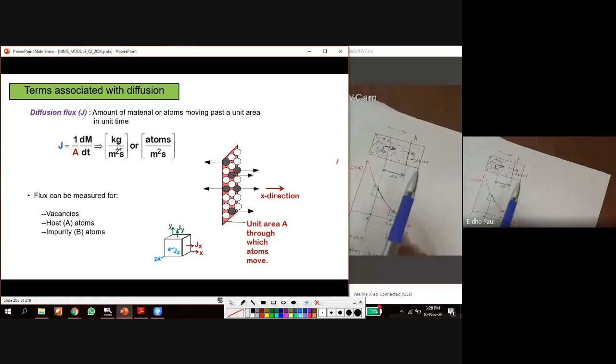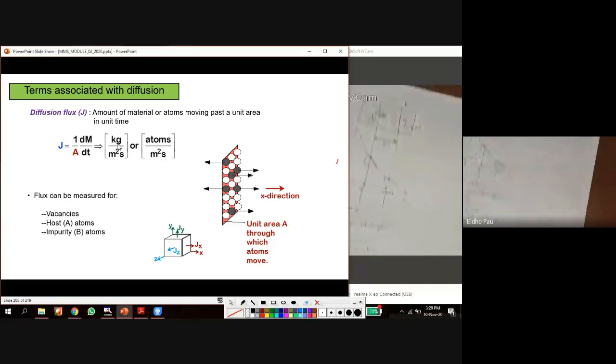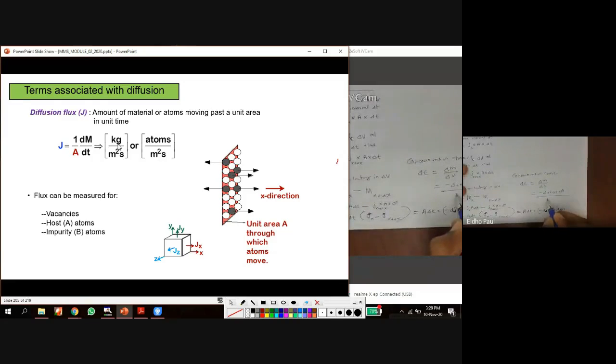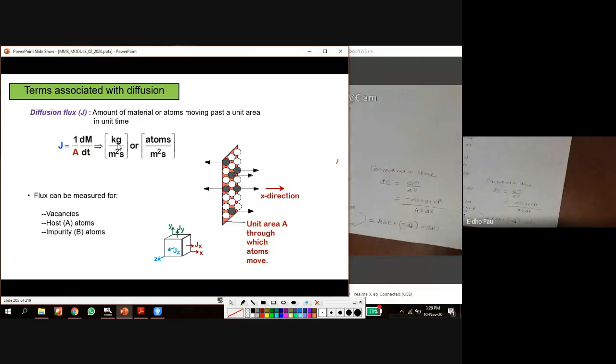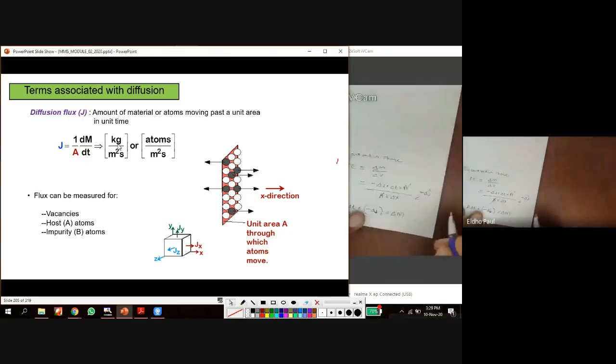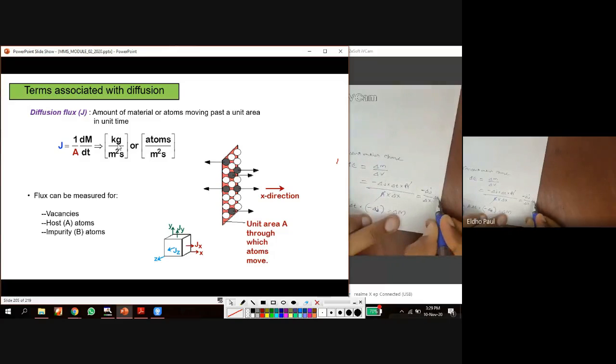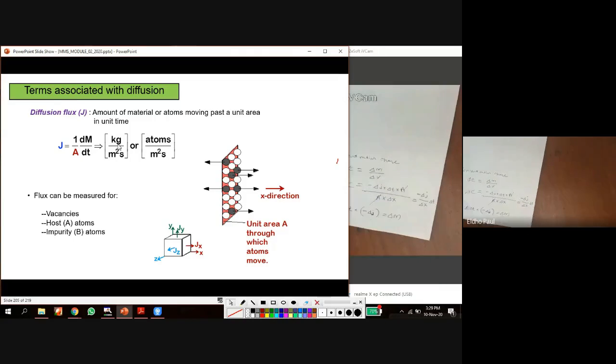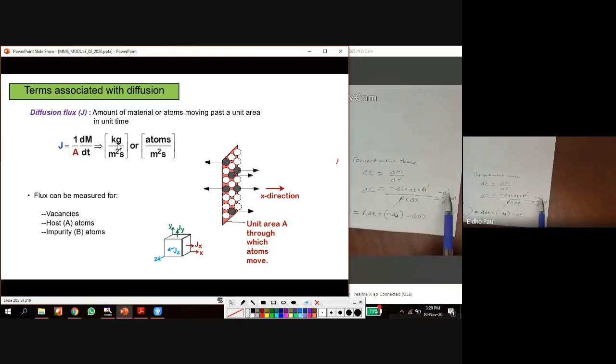Cross-section area is equal to A, and this distance is equal to delta x, so A into delta x is equal to delta V. So the A's cancel each other. We finally got minus delta J divided by delta x into delta t. That is the change in concentration.